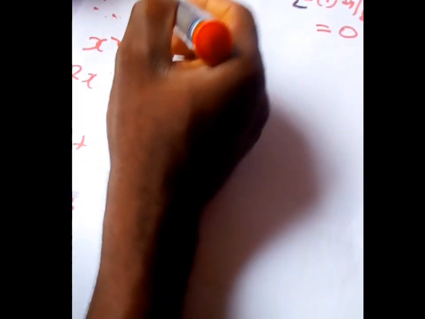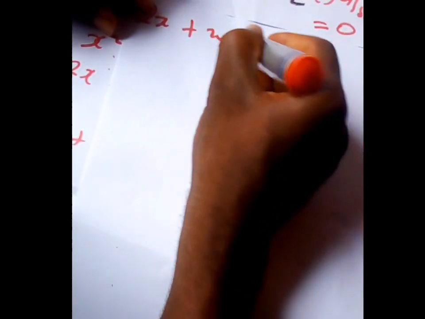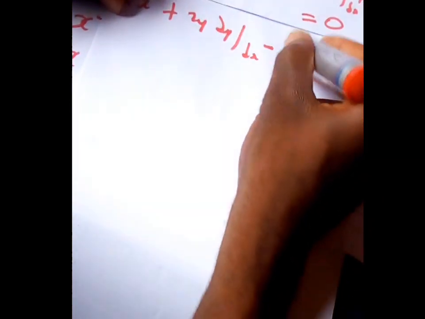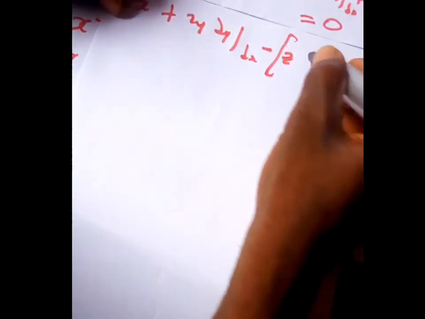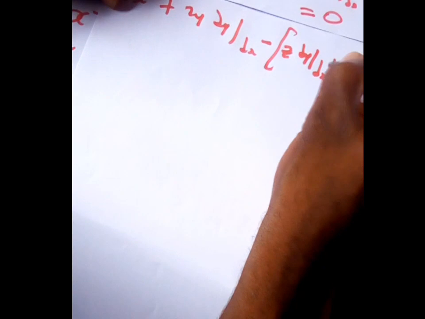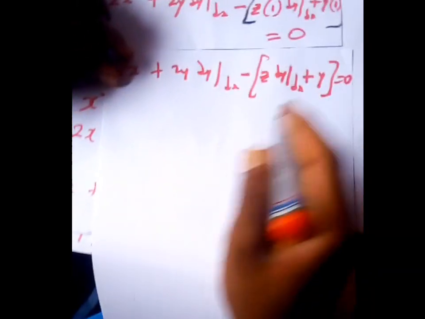At this point, 2x plus 2y dy dx minus, x into 1 will give us x into dy dx, plus y into 1 will give us y, equals 0.